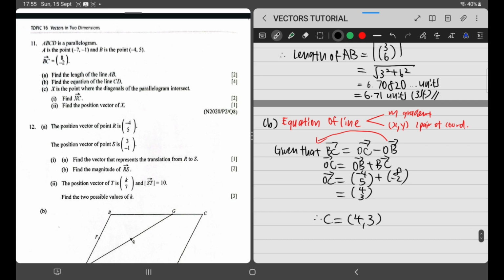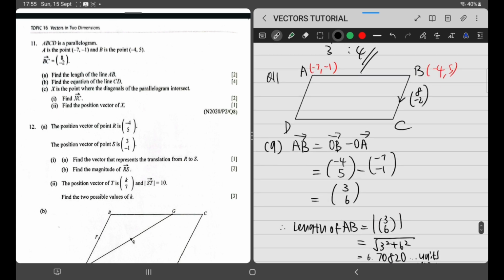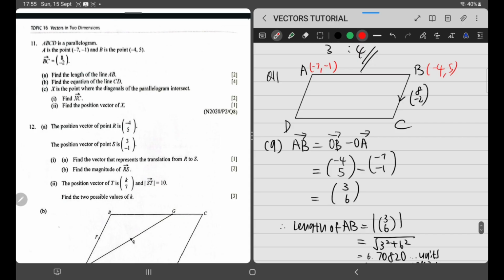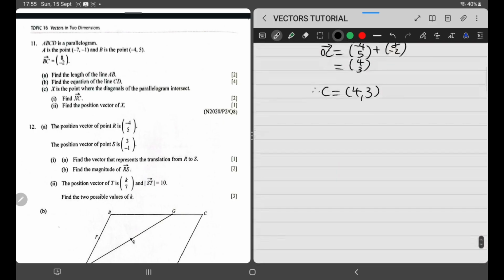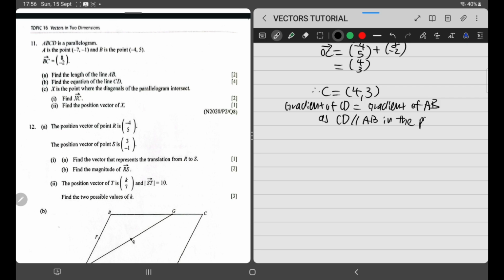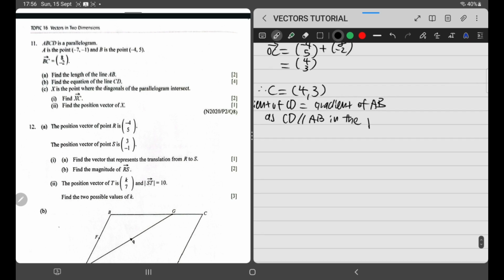Then, how do you find the gradient of CD? Given that in a parallelogram, these two sides are parallel and these two sides are parallel, that means your gradient of CD equals to your gradient of AB, as CD is parallel to AB in the parallelogram.